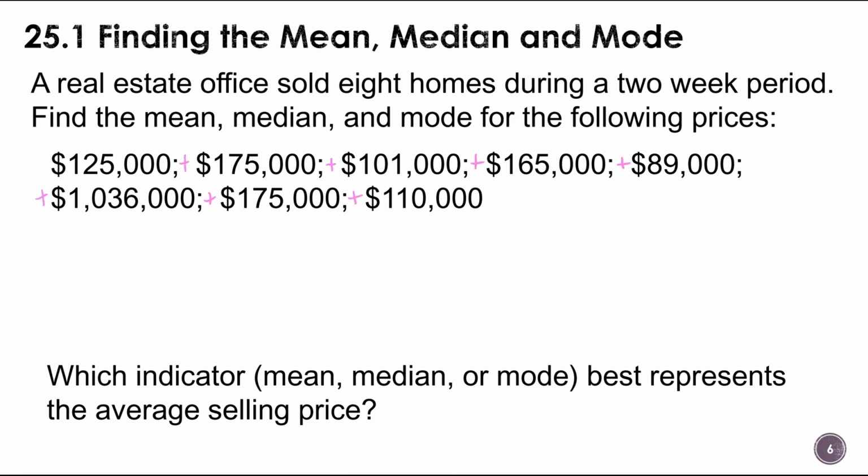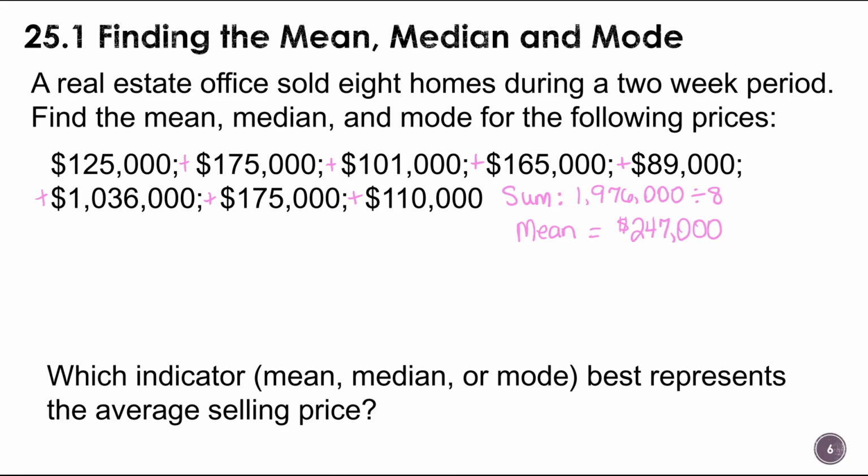Okay, so the sum of all of these is 1,976,000. Right? And we had 1, 2, 3, 4, 5, 6, 7, 8 again. I should change my examples so we have a different number. Right? So we're dividing by 8. So that means I have a mean of 247,000.